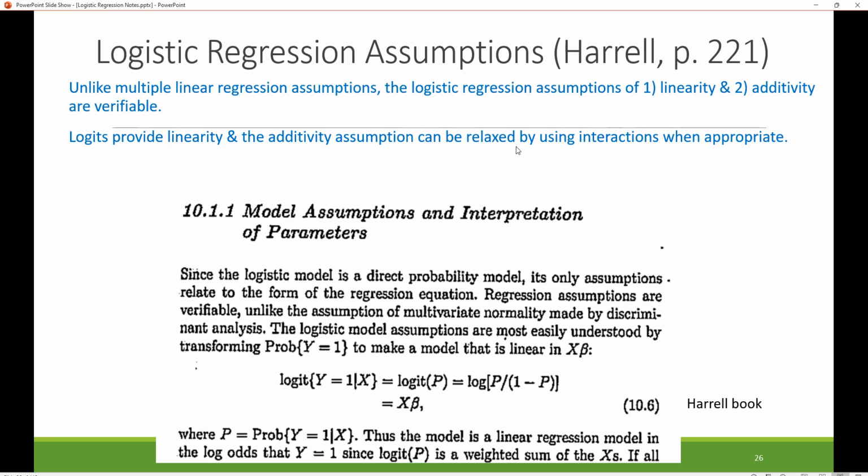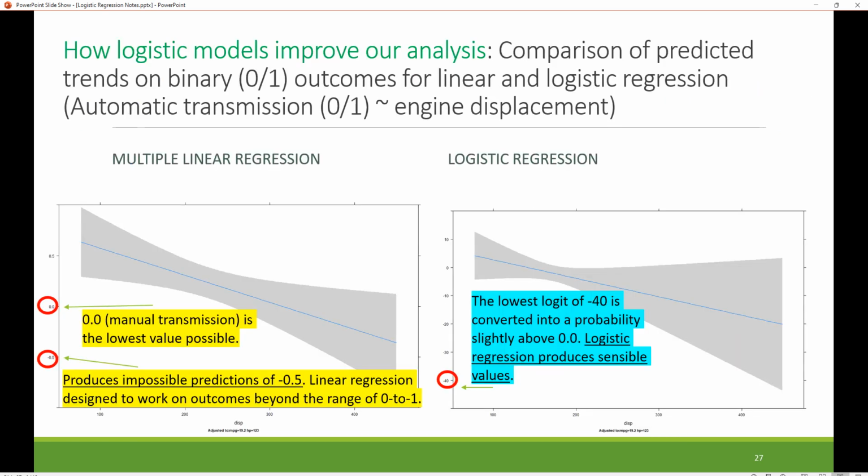So we only have two assumptions, but by using logits, we fulfill that assumption, and we do have linearity in our terms, but we can use interactions when we expect a trend to be nonlinear.